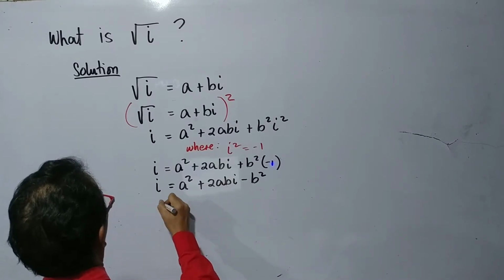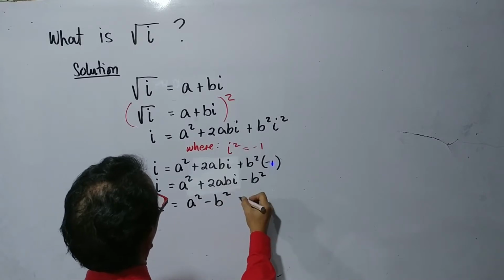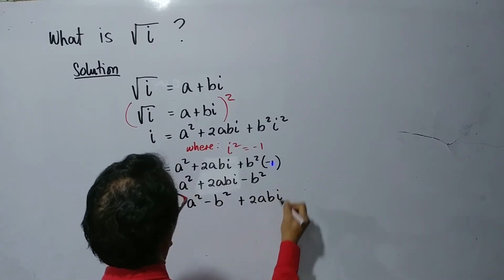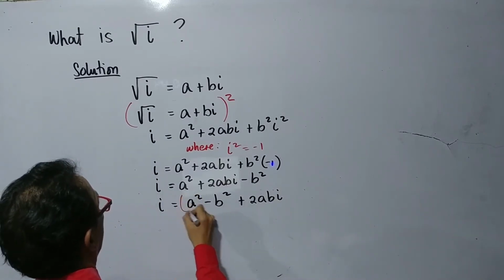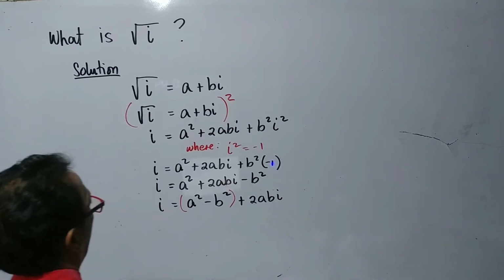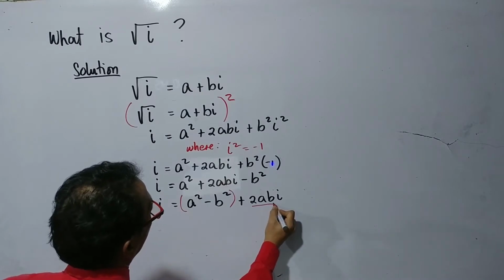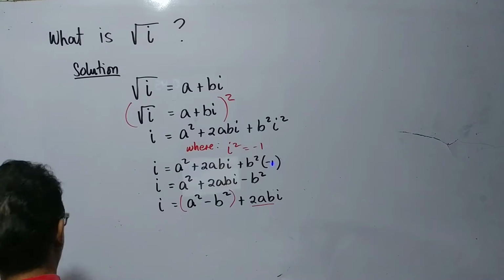So we have now i equals a square minus b square plus 2abi. Then factor out this one. Now, as you notice, this one is the coefficient of our imaginary number, which is 1.